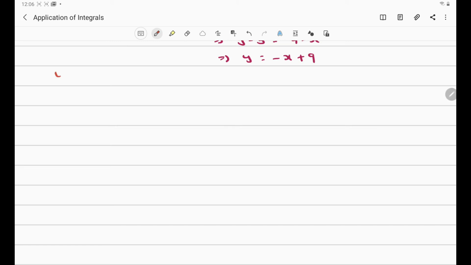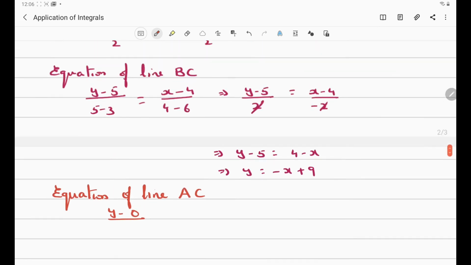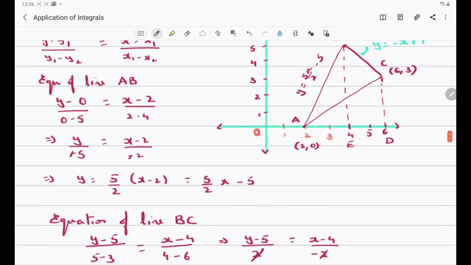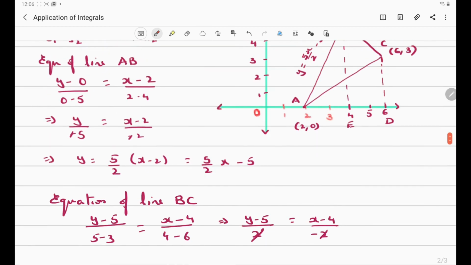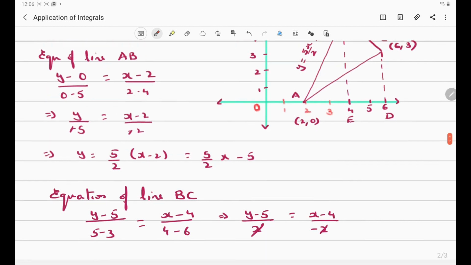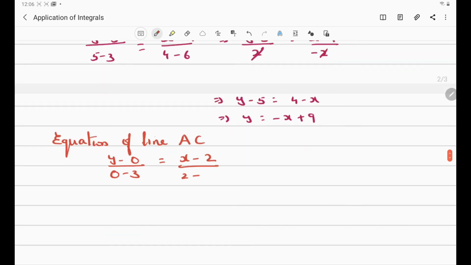So the equation of the line AC is given by (y - y1)/(y1 - y2), that is (y - 0)/(0 - 3), equal to (x - x1)/(x1 - x2), that is (x - 2)/(2 - 6).